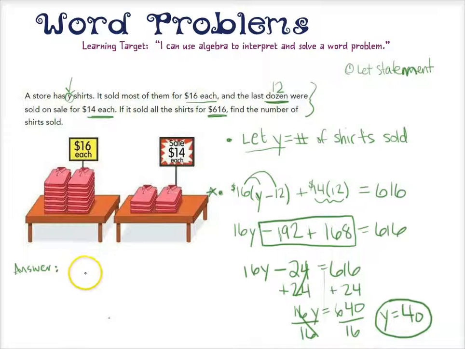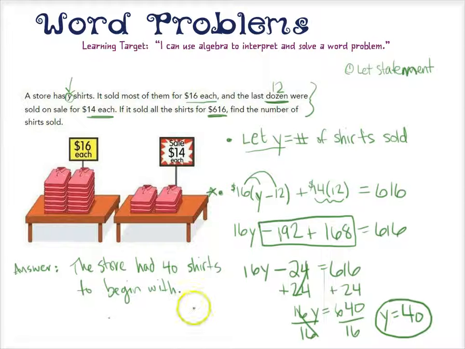So we say, the store had 40 shirts. It doesn't say at the end. We'll just say to begin with. When this lovely story started, it had 40 shirts, and when it ended, it had none.